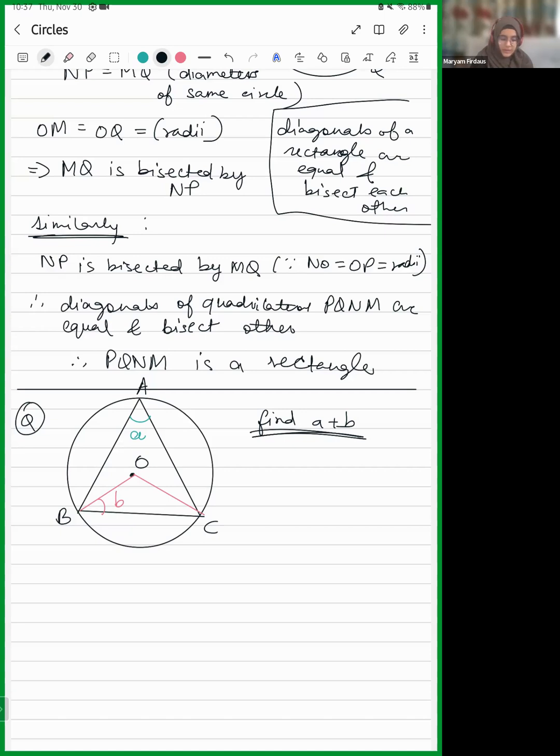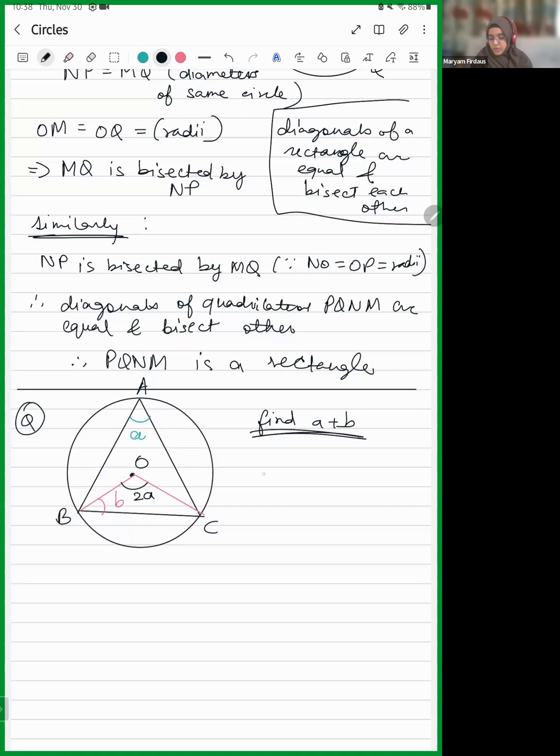So this is angle A. So who will tell me how much will this angle be? This one which I have marked. Angle BOC is going to be how much? If this angle is A, this is going to be 2A, right?